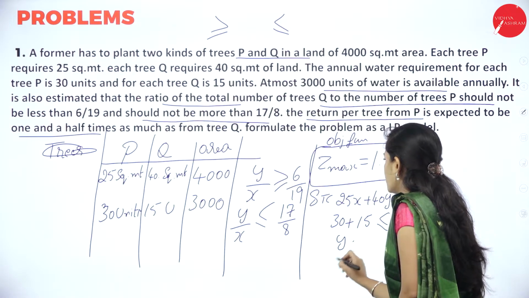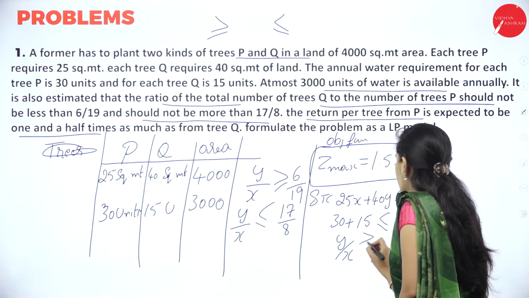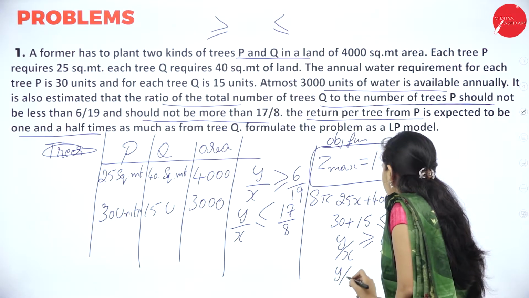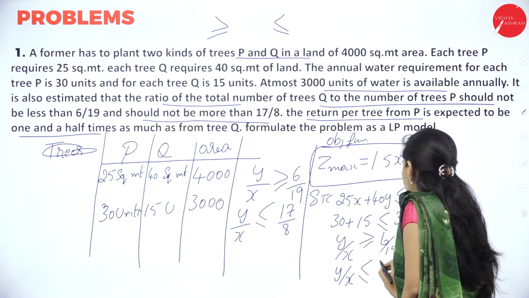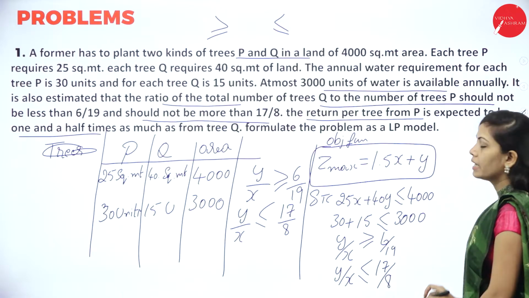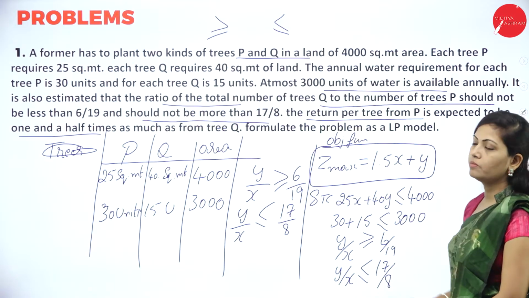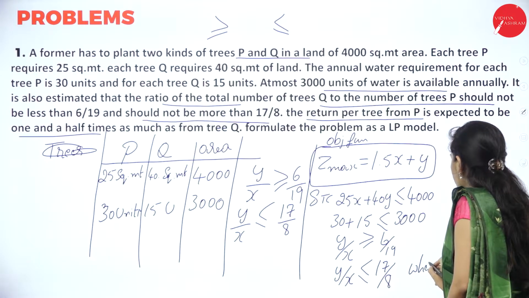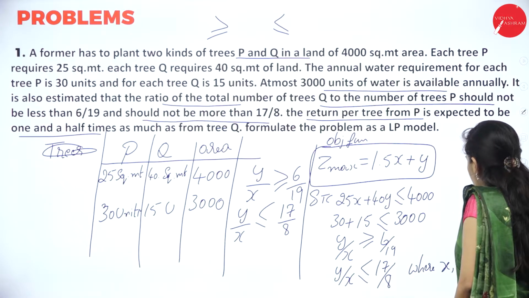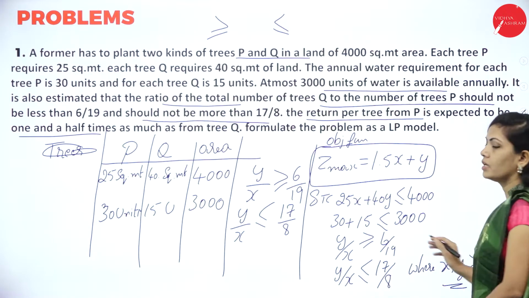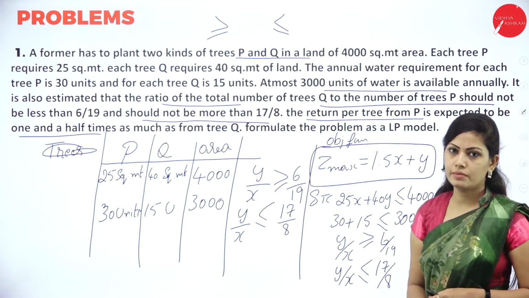So next one, y by x greater than or equal to 6 by 19 and y by x less than or equal to 17 by 18. So these are the constraints of the given model. And finally, where x, y greater than or equal to 0, non-negativity restriction.